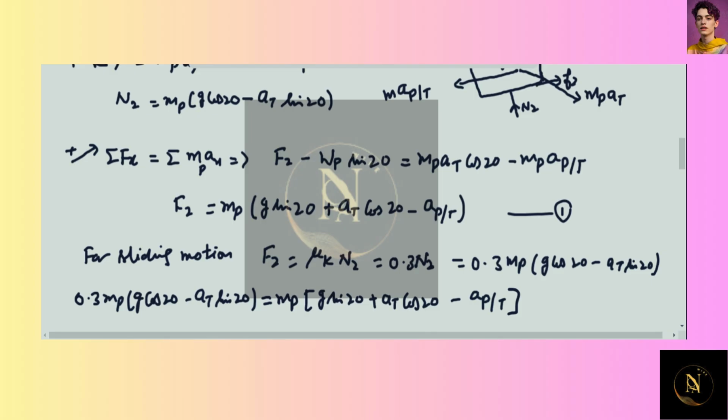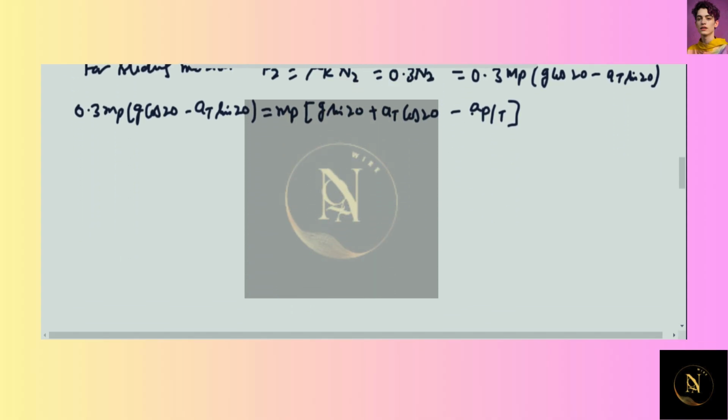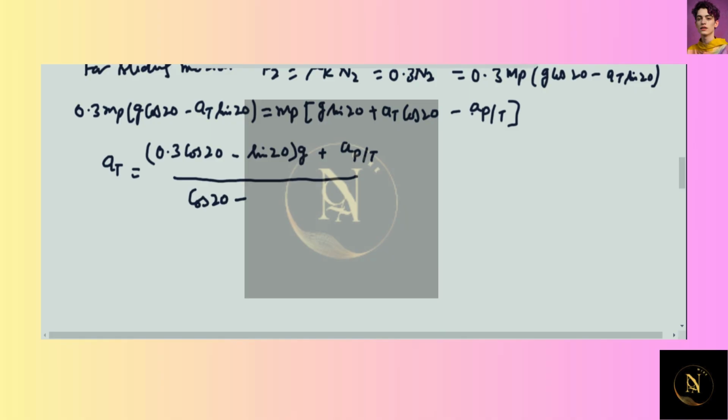Solving this equation for acceleration of truck, acceleration of truck can be written as 0.3 cos 20 minus sine 20 into g plus acceleration of ply with respect to truck, upon cos 20 plus 0.3 sine 20.